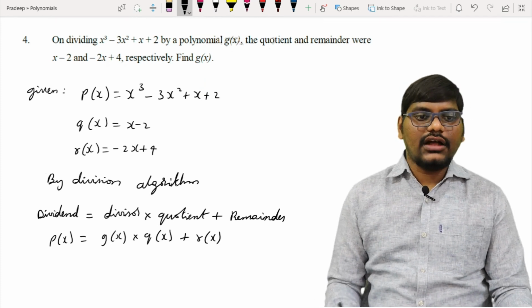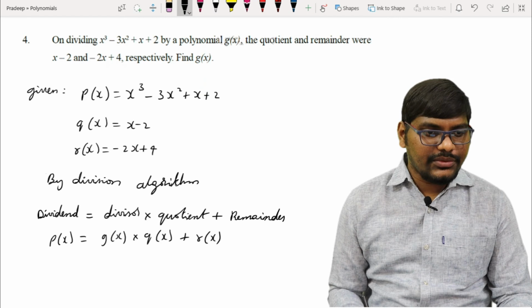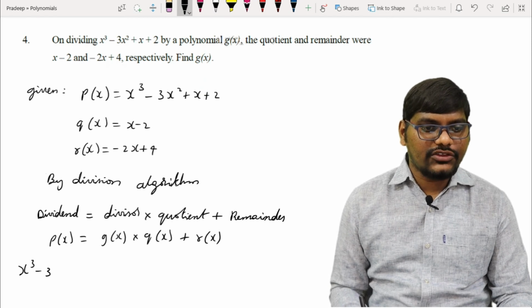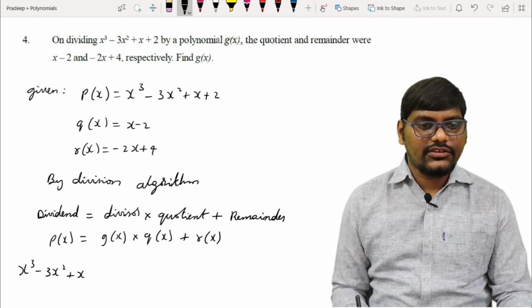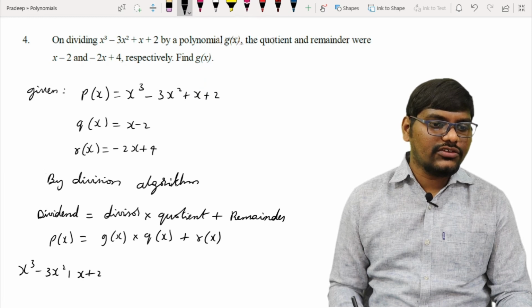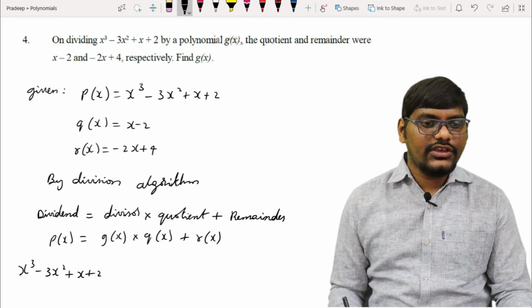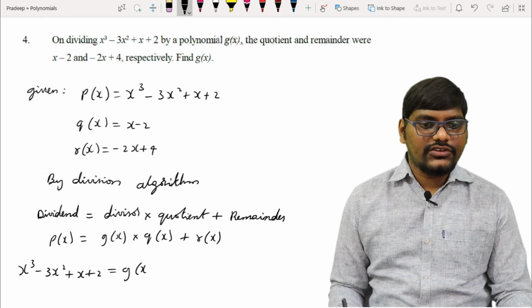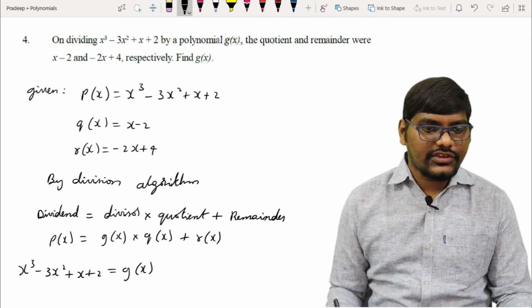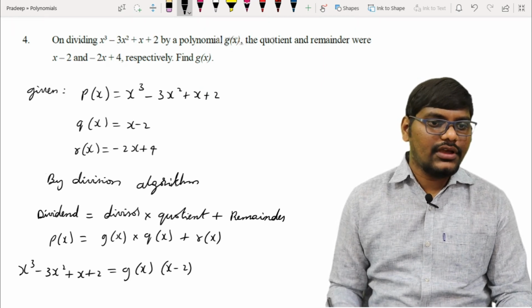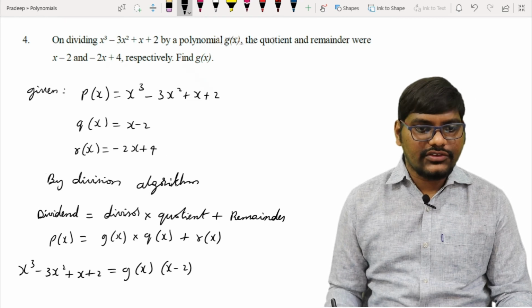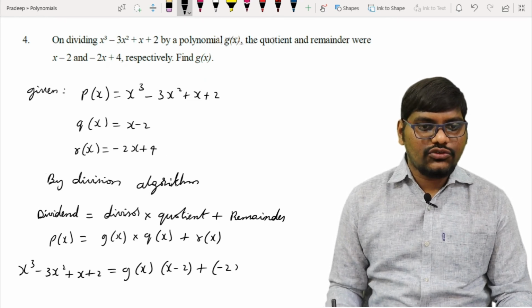So we'll just substitute all these things which we have, that is p of x is x cube minus 3x square plus x plus 2, and g of x is not given, so we'll write this as it is, and q of x is x minus 2. Okay, and r of x also we will substitute, that is minus 2x plus 4.